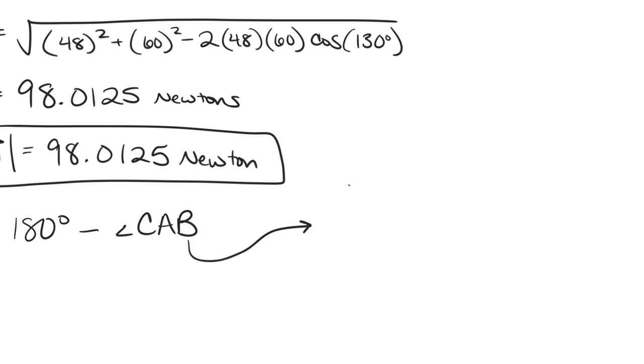We can say that the sine of angle ABC over the vector V should be equal to the sine of angle CAB over the magnitude of vector BC. Now let me make sure we understand what I'm writing down here.